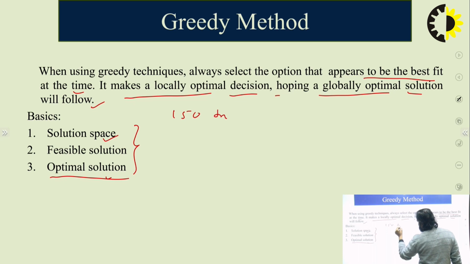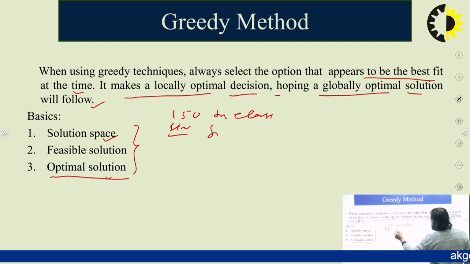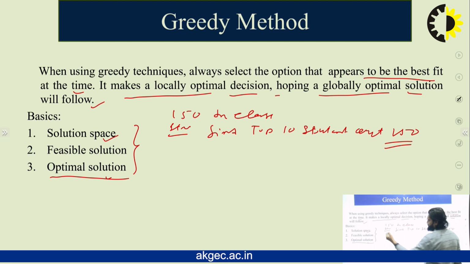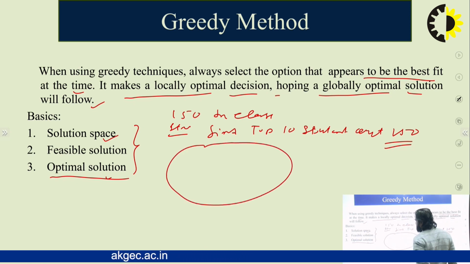Find the top 10 students out of 150. Here we have a solution space. How many solutions are in the solution space? The combination is 150 C 10. That is the total solution space.